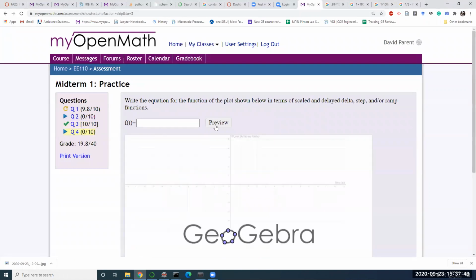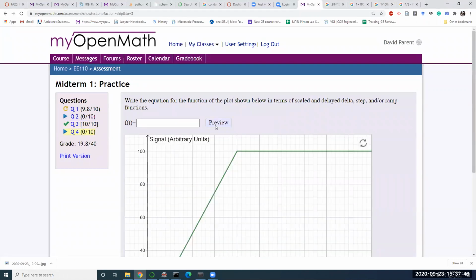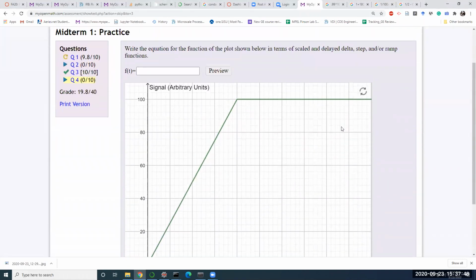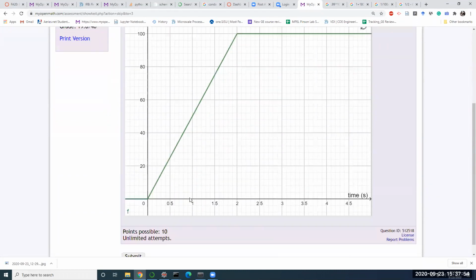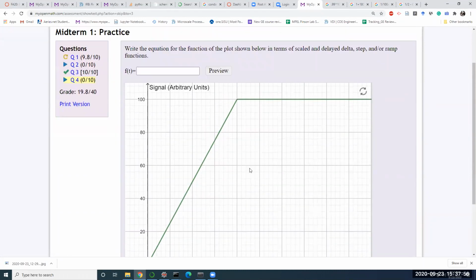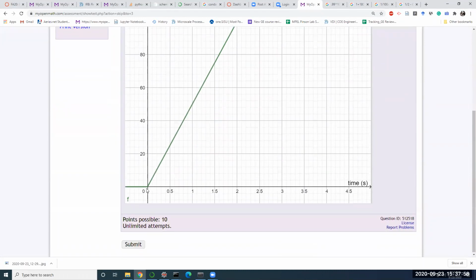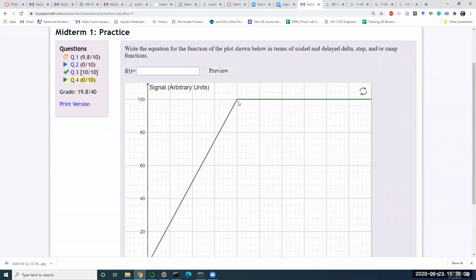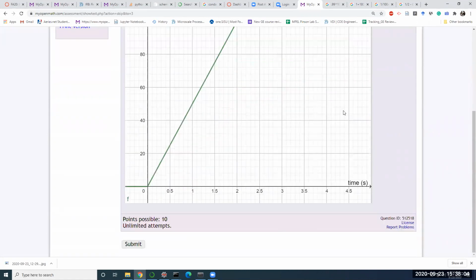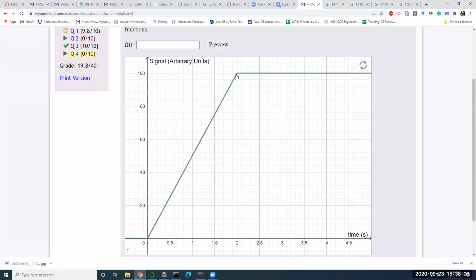And then here, this is just a sample of a question that in fact you've seen before on an in-class assignment. You get a function, what is it? I see a ramp and then it flattens at 2.